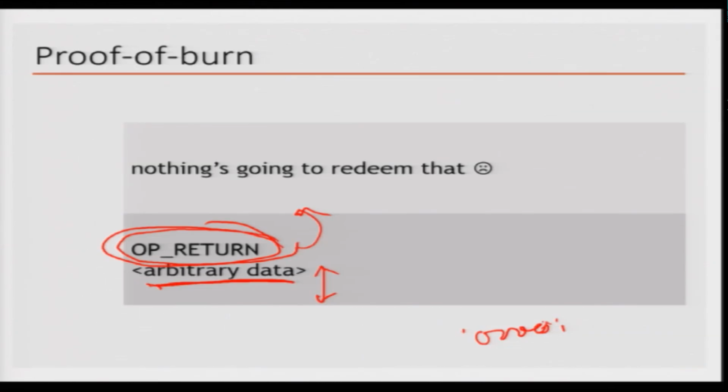So, if you want to keep some data forever in the blockchain, then you use a proof of burn. You pay a very small amount of Bitcoin, maybe 0.00001 Bitcoin, burn it, and then basically etch the data forever in one of the blocks, right. So, many times you will hear that people are nowadays giving your course certificate on the Bitcoin blockchain. This is how it is done.